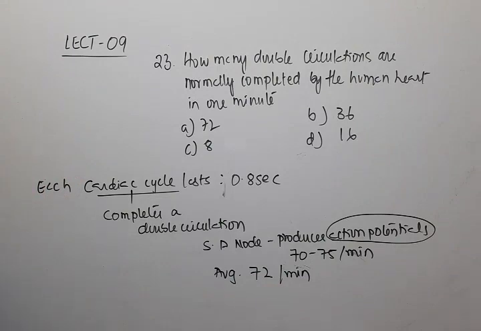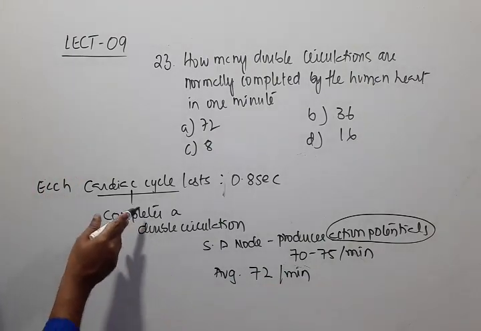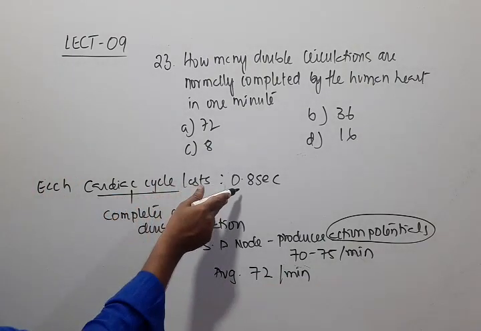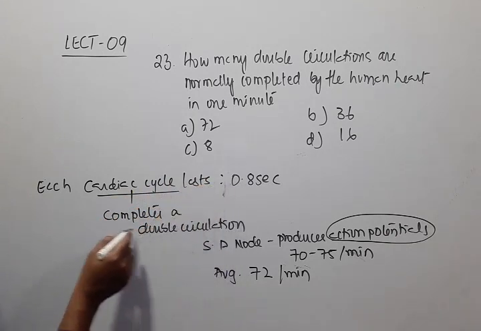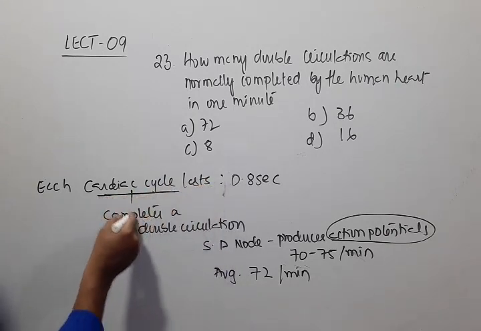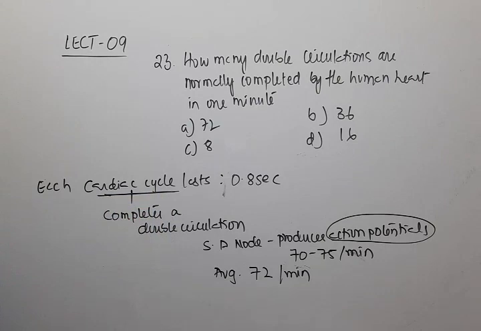Okay, clear? So now, as I said, the cardiac cycle lasts around 0.8 second, and each cardiac cycle involves this double circulation.